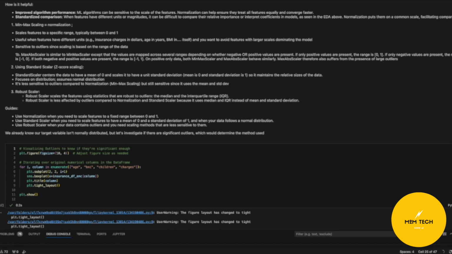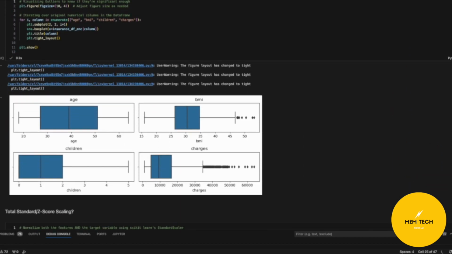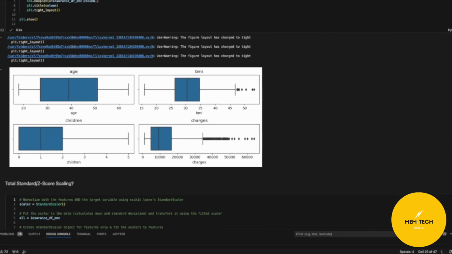The method we choose would depend on how many outliers we have, because some of them are more sensitive to outliers than others. Standard scaler, for example, assumes the normal distribution. So looking at the outliers, we decided.